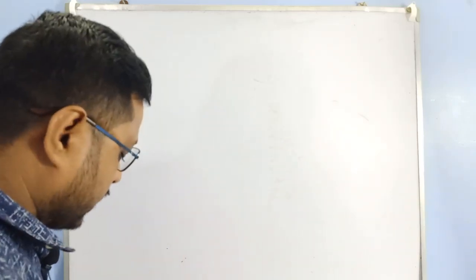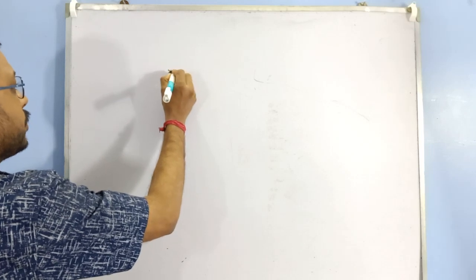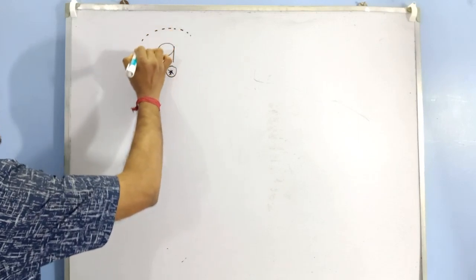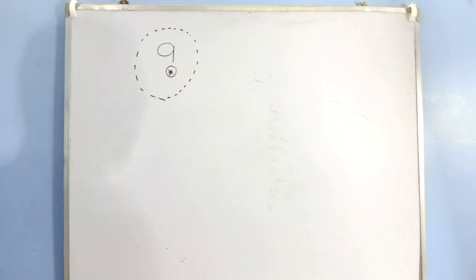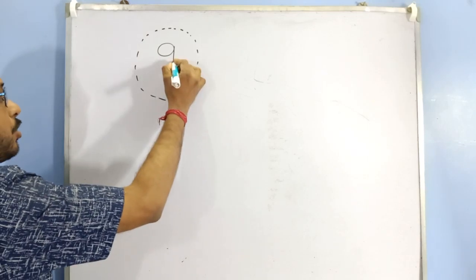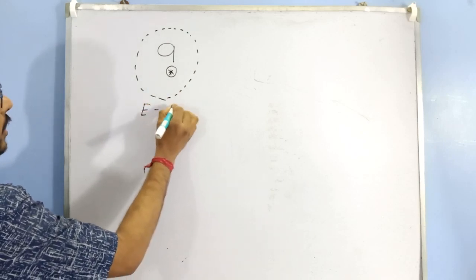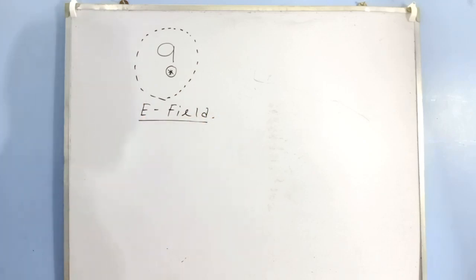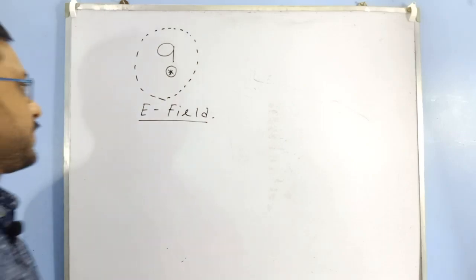At first we know what an electric field is. If we take a charge Q, it produces an effect of its own, which is called the electric field, or E field. Every charge produces a field around it.